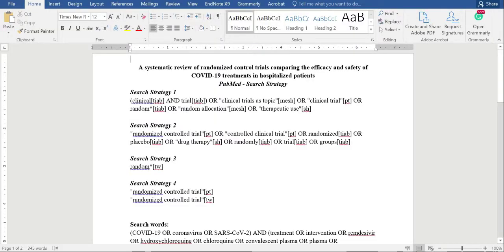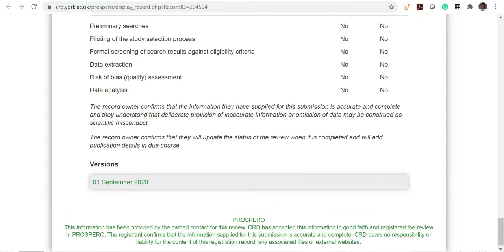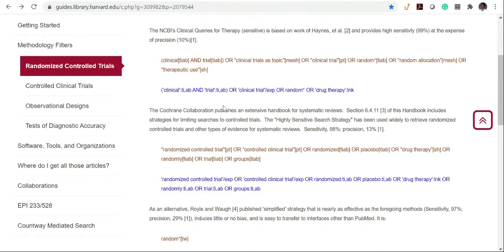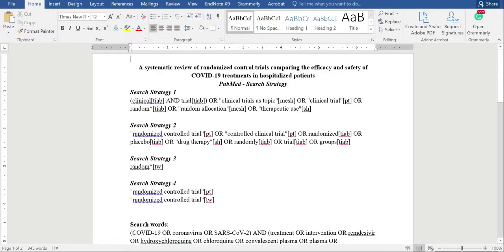So again, here's going back to the four strategies that we looked at from the Harvard Medical website. Let me go right there. Yes, Harvard Library, the systematic review and meta-analysis, looking at the four search strategies. What we're going to do is use these strategies and try to see how many studies are going to be pulled up.